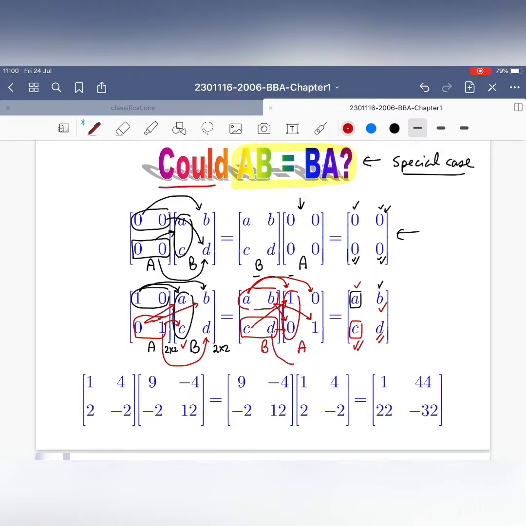And the last one, D multiplies with 1, so you have a D, and C multiplies with 0 over there, so you have nothing, okay? So this is the special matrix multiplied with the 2 by 2 matrix. You get the same thing back.